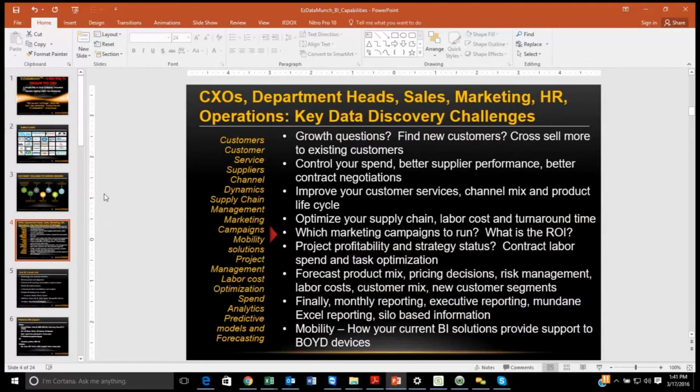Some of the key questions you may have in your organization are: where do you find your customers, how do you cross-sell to your existing customers, if you have loyalty programs, how do you improve the spend by your loyalty customer base, how can you make them visit your restaurants, stores, and locations more frequently, and how can we improve the ticket price.